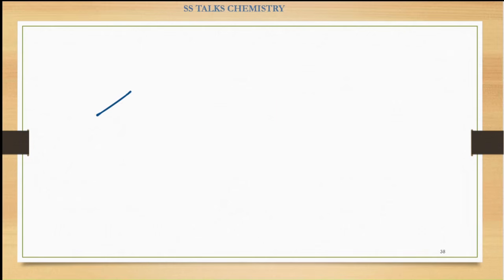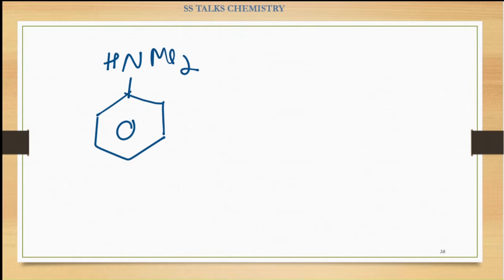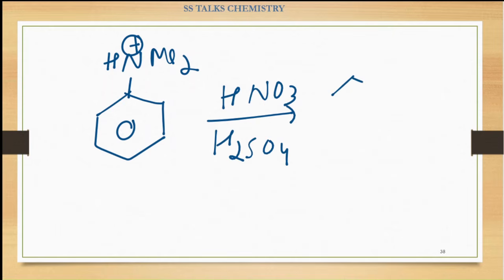In this case, you will be observing that the N,N-dimethyl species that I was having, in the case of acidic medium, has got protonated. Now for the nitration, the nitrating mixture that is present will give me the product with the substituent attached at the meta position.